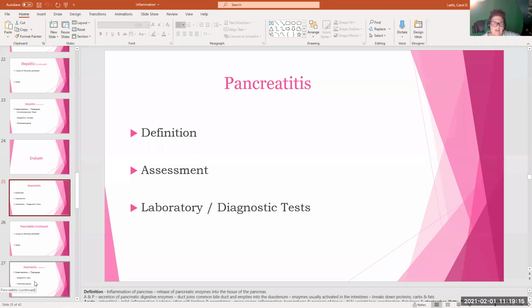They're going to start them on TPN because that bowel needs to rest. The edema and the inflammation need to decrease so that the edema decreases or the obstruction is released if it's a gallstone, and that would be by taking the gallbladder out and removing that stone. Okay, so there's got to be some kind of release.